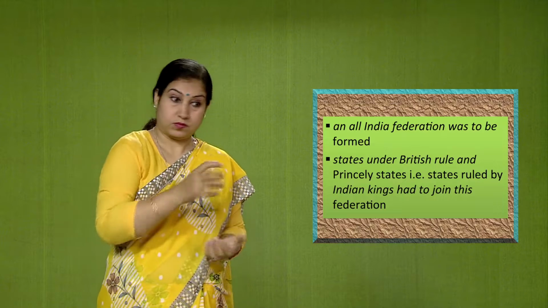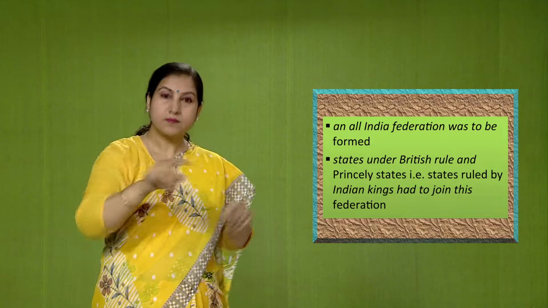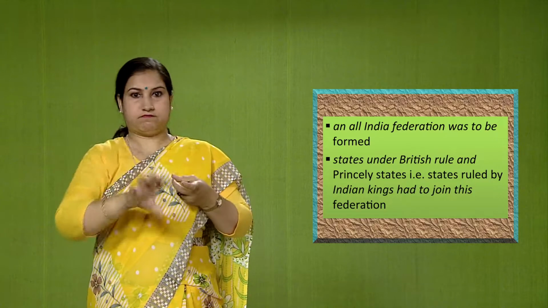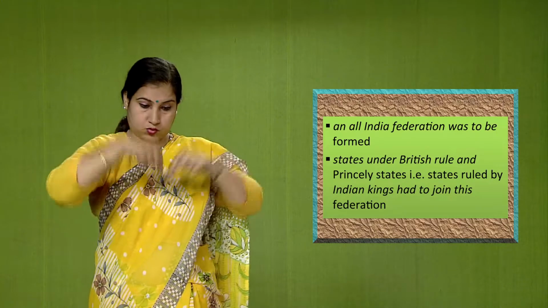Both states under British rule and princely states had to join this federation. Princely states were the states ruled by Indian kings, while the members from British India had to be elected. The members from princely states had to be nominated by the rulers.